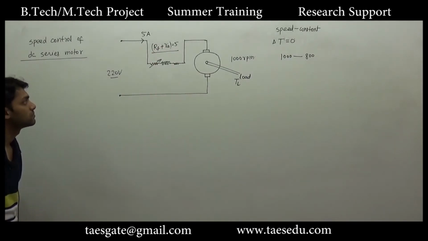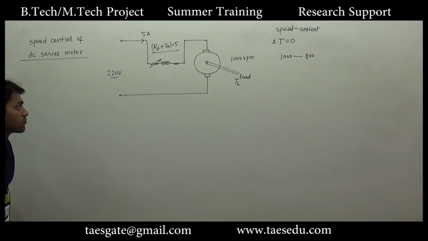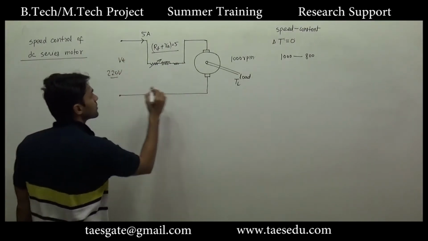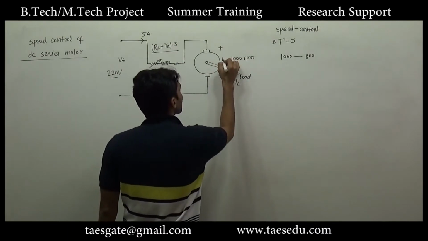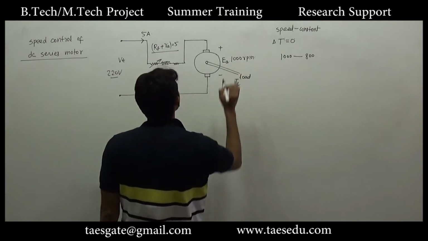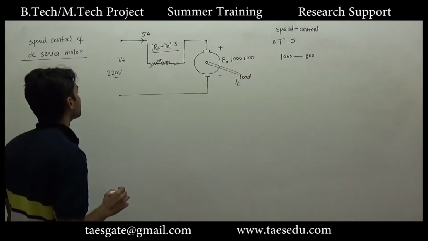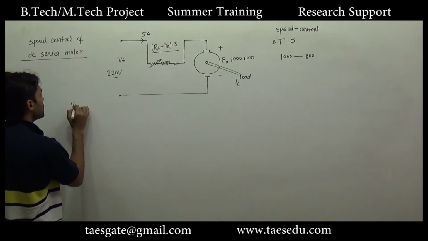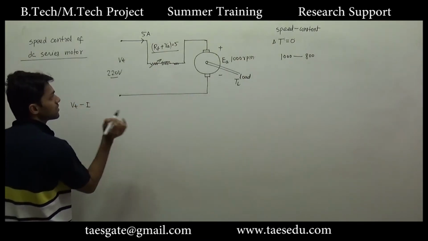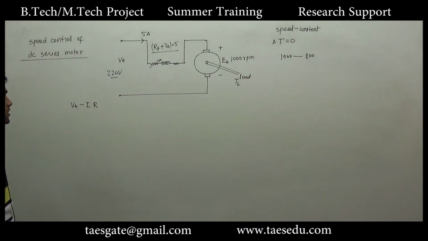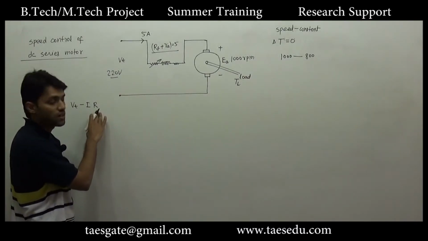First we will write the equations for this DC machine. We have terminal voltage Vt, and the armature voltage or generated voltage. So we will have Vt minus Ia into R, where R is the total resistance, field resistance plus armature resistance.